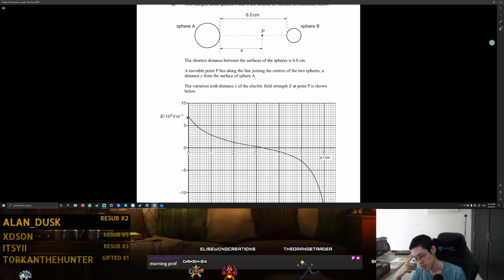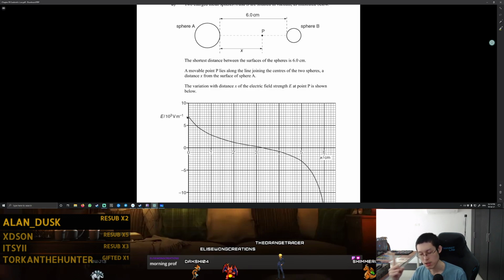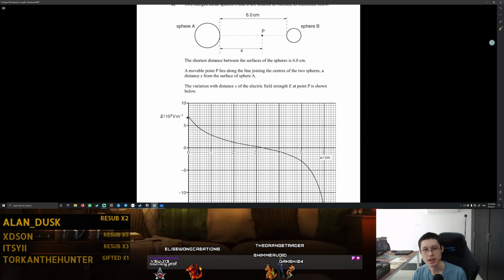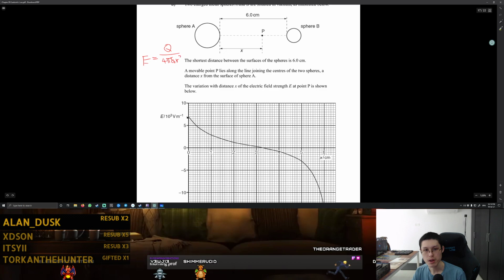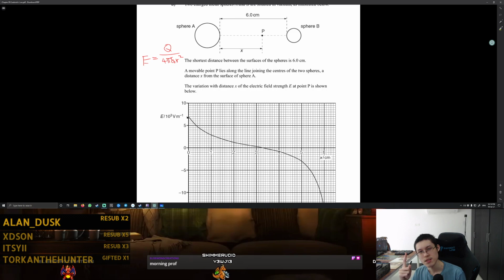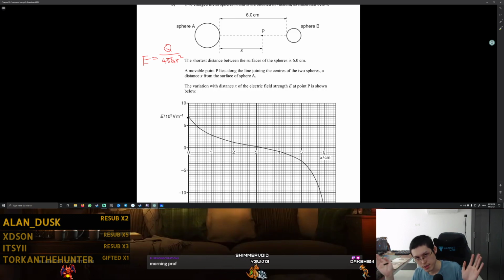So the question is, how do I find the resultant electric field strength? The electric field strength is given as Q over 4 pi epsilon r squared, right? But this is only for one point charge, not two charges.